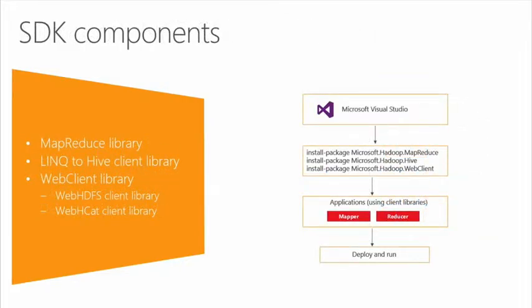Now, in the last module, you saw some of these aspects play a little bit, like the Hive library and the web client library, and this lets you submit, for example, Hive jobs, right? And also, when you're using LINQ to Hive, you are still going to have to use the Hive library.